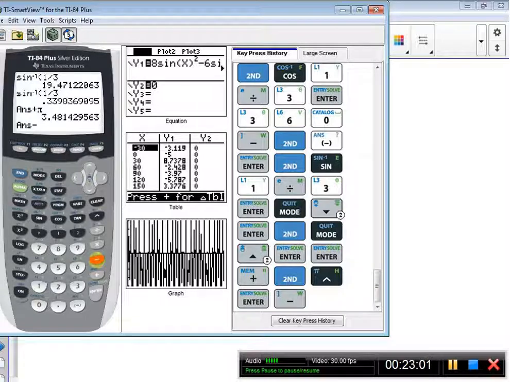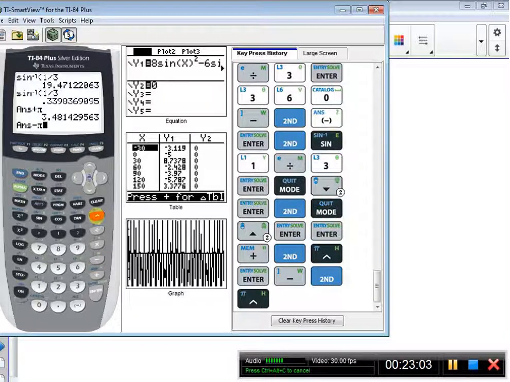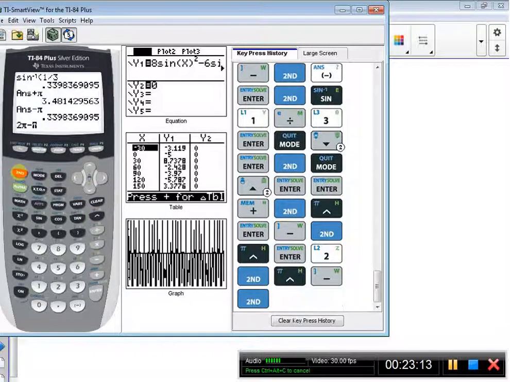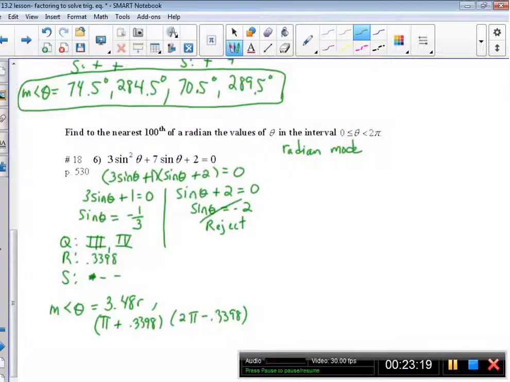So I'm going to do that minus pi, and I'm back to my reference angle if I just take the pi out that I added in. And then I'm going to do 2 pi minus that reference angle. So that's 5.94. And again, you could check that on the calculator, see if they intersect.